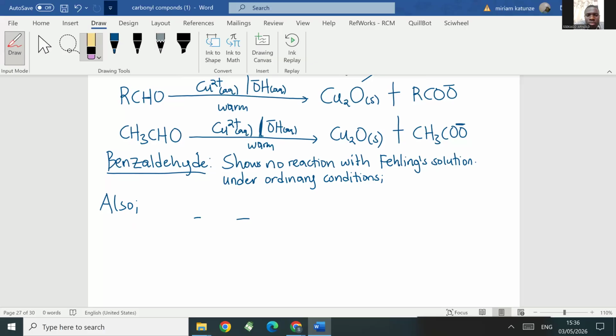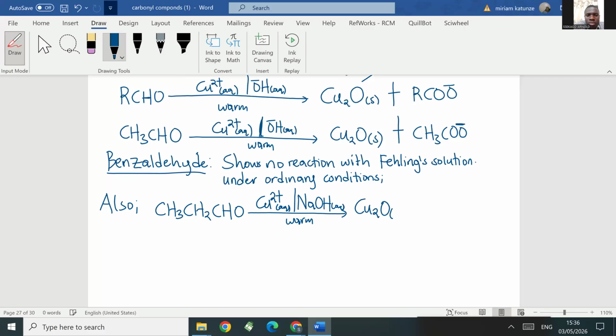What I'm saying is that if I use CH3CH2CHO with the copper 2 sulfate solution, sodium hydroxide, warm, I'll get Cu solid plus sodium propanoate, like that.